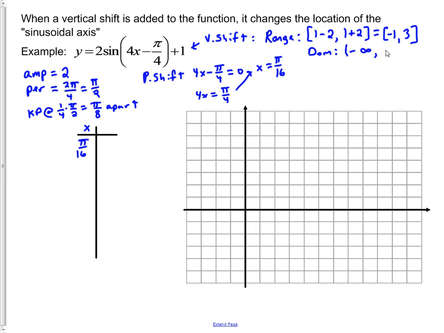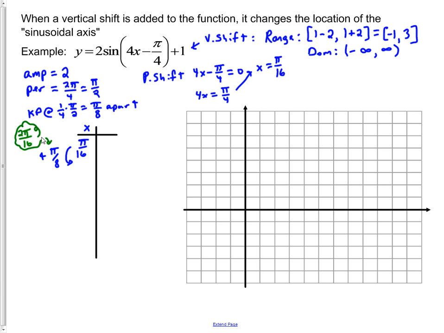Now, we're only going to show one cycle of this graph, so that's all we're concerned with. So to graph this function, as far as the x values are concerned, I'm going to add increments of pi over 8. Now, the nice thing about pi over 8 and pi over 16 is that pi over 8 only needs to be multiplied by 2 in the numerator and denominator to get the right increment. So we can think to ourselves, if we don't reduce anything, these are increments of 2 pi over 16.